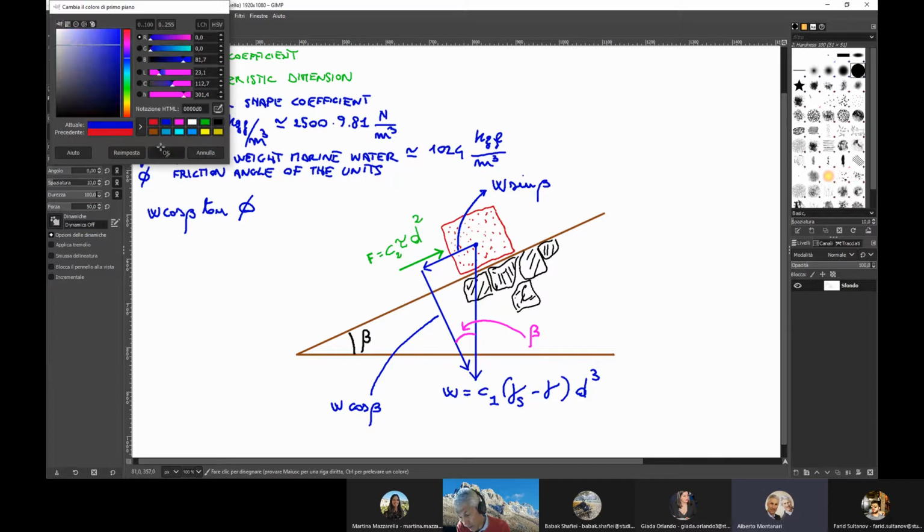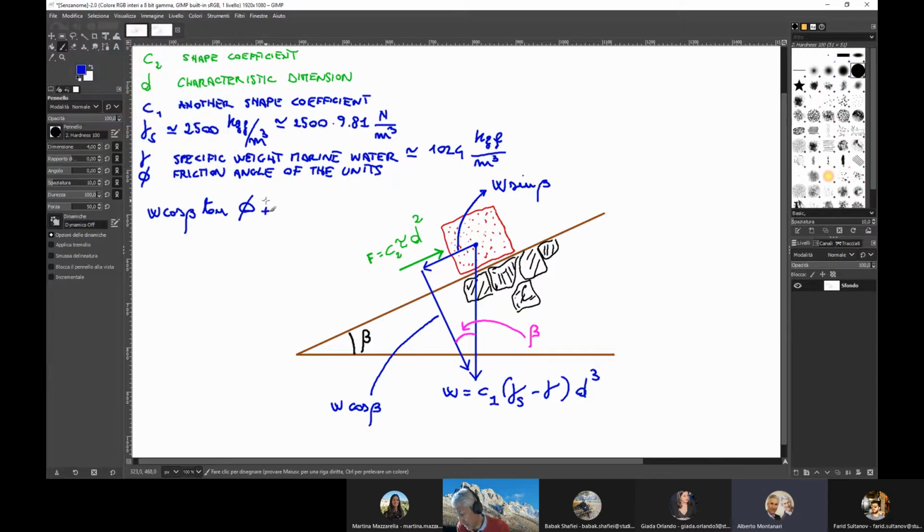If I now sum the friction plus W sin beta, which is the component of the self-weight parallel to the slope, then this is the sum of the stabilizing forces.